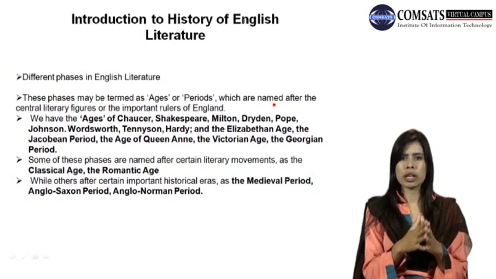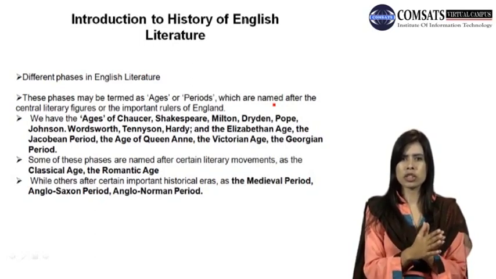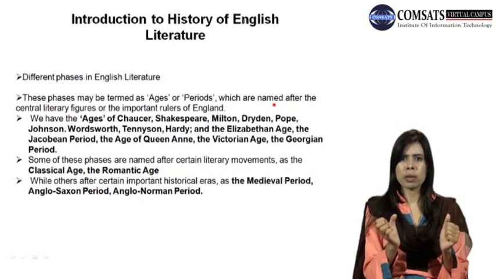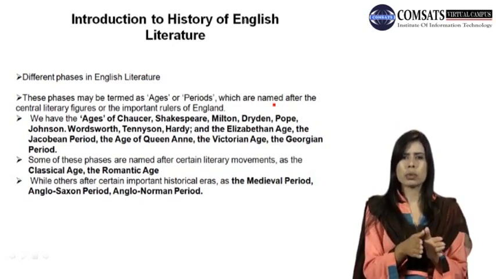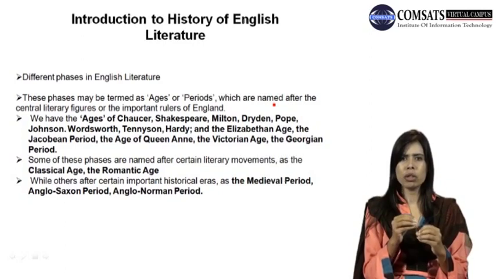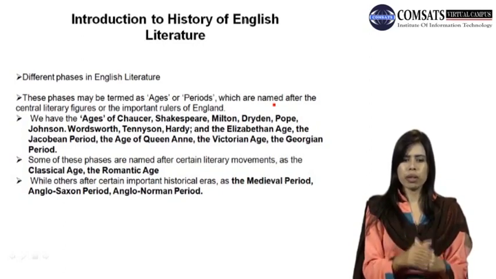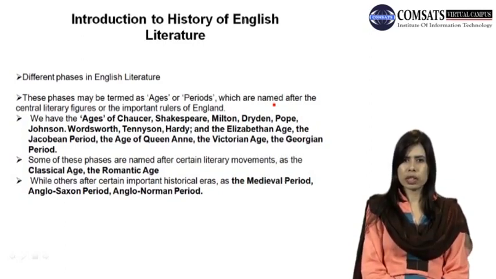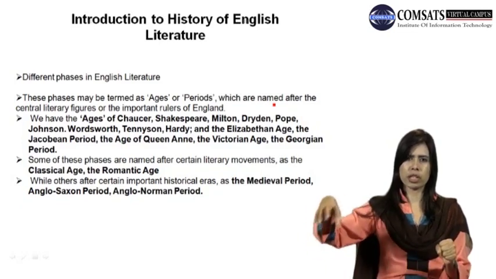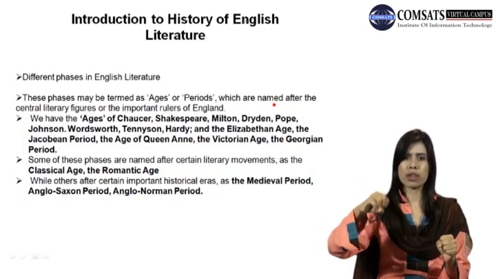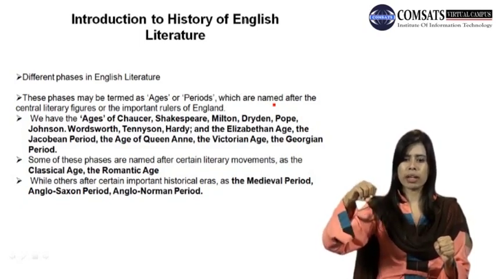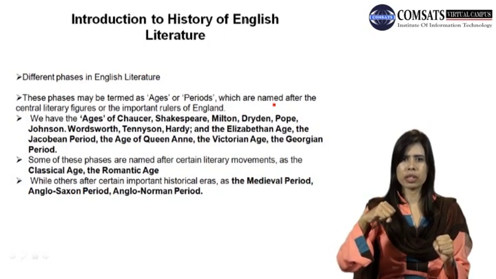That is why English literature is one of the richest literatures among other literatures of the world. So these phases, which have come in different centuries, are termed ages and periods.